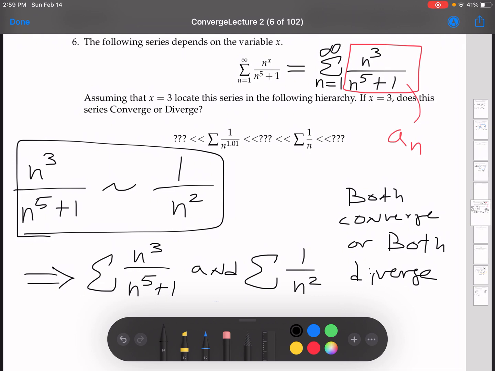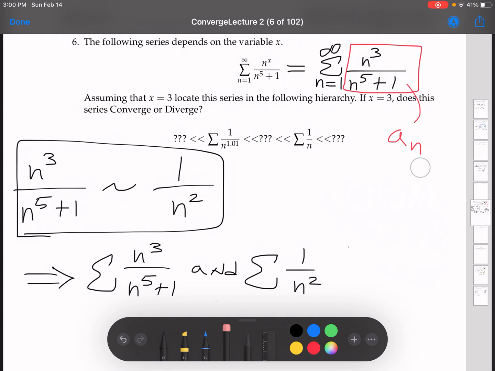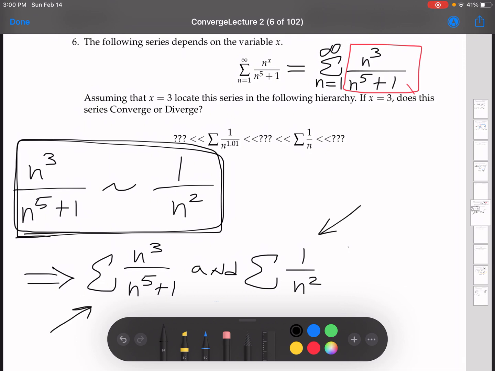All right, so let's deal with convergence or divergence first. Remember, because we found that these sequences are similar, we know that these two series here, there and there, either both converge or both diverge.